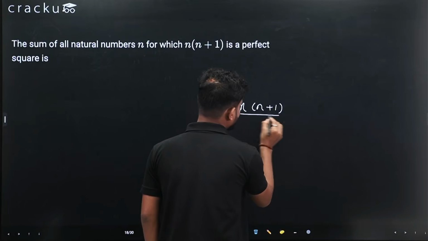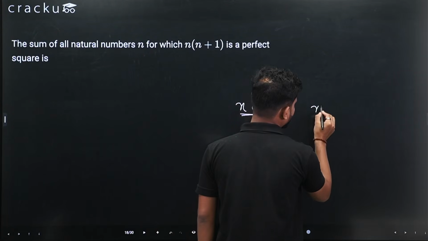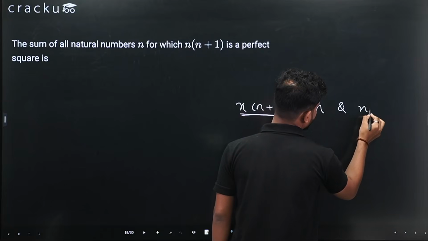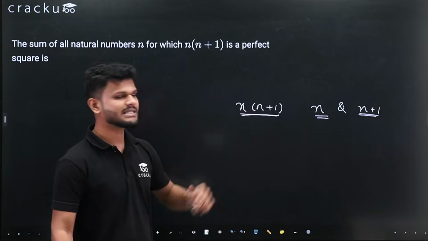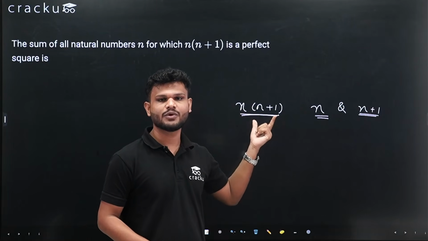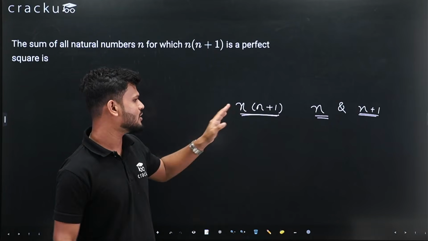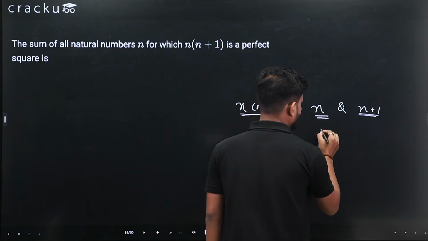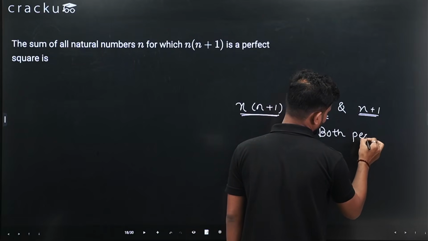So for this to be a perfect square, both n and n plus 1 should be perfect squares. Then only this number will be a perfect square. Otherwise, it doesn't have any factor in common, so you cannot multiply the common factors and make it a square. So both should be perfect squares.